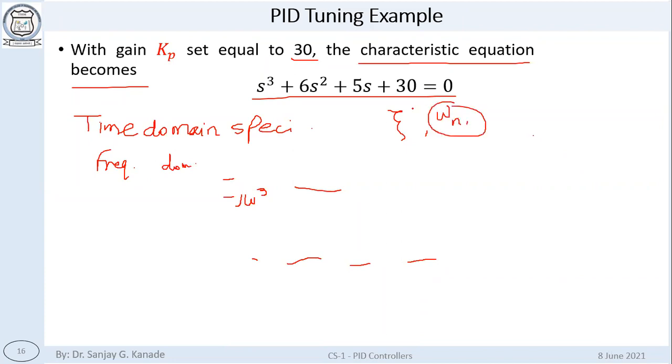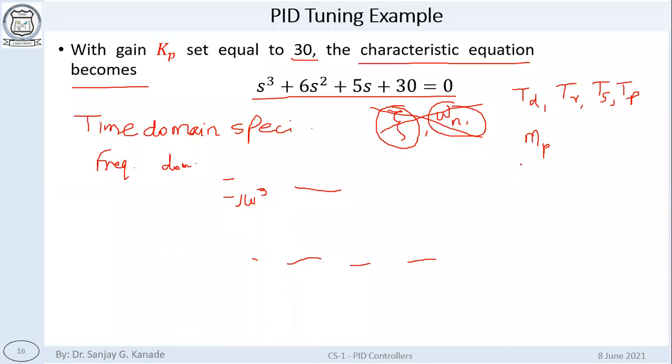Omega n and zeta are not really time domain specifications, right? These are system parameters. However, the time domain specifications are like TD, TR, TS, TP, MP.